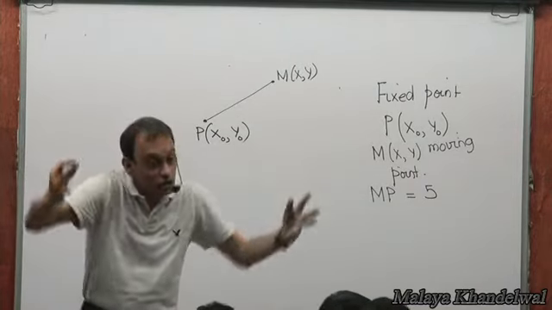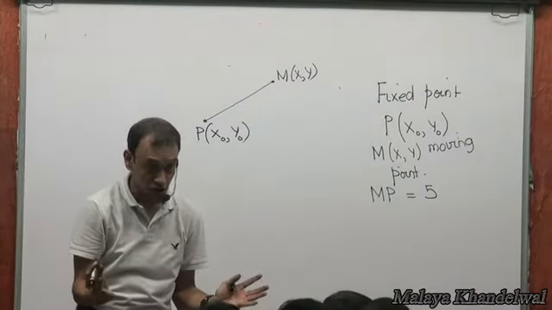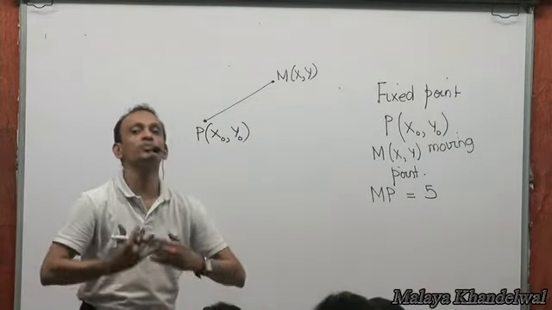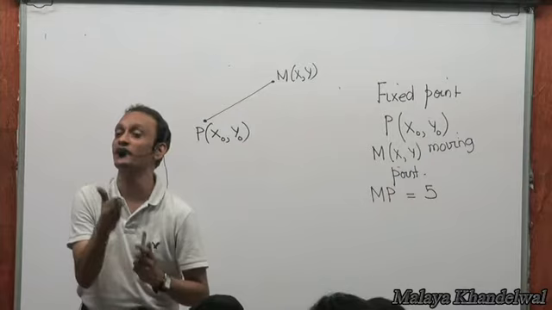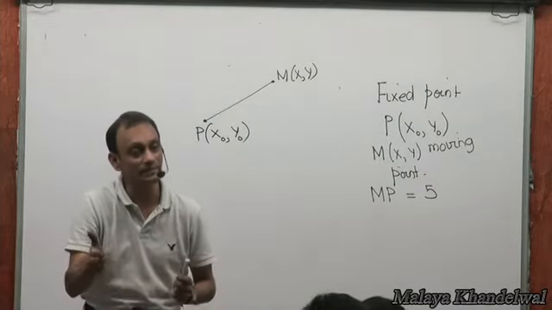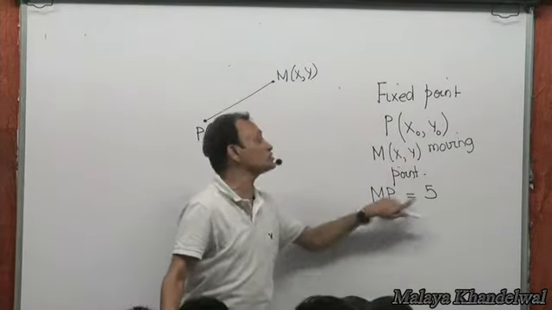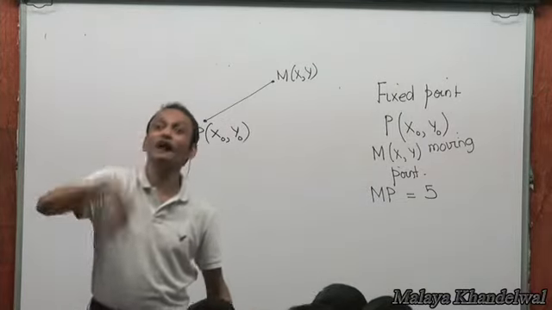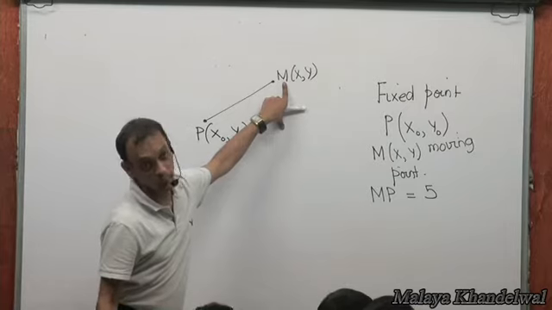There would be a collection of points for which this distance is 5 units. And all such points would enjoy a certain algebraic relationship. That would be referred to as the locus of this moving point M.